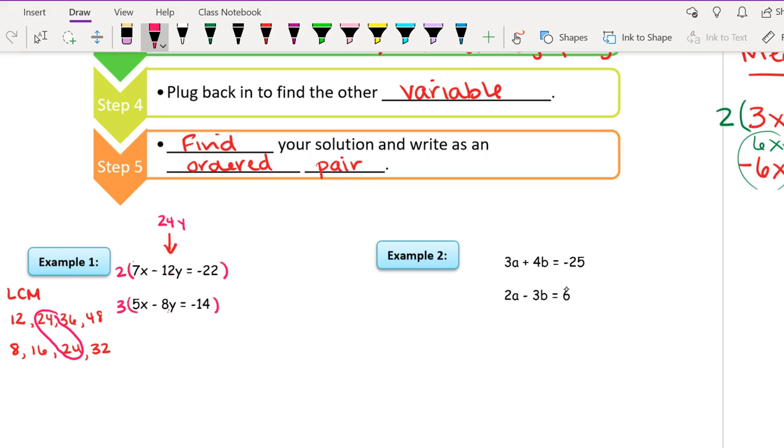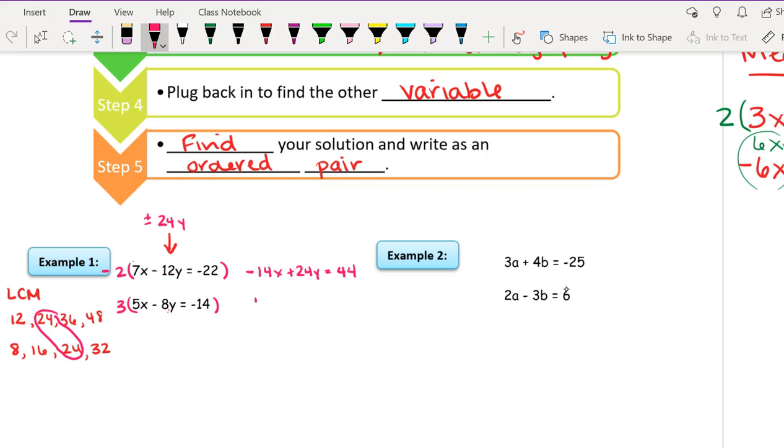Now the problem is they're both negative, so I need to pay attention to that as well, and I want one positive and one negative. So I'm going to multiply the top by -2 and leave the bottom as a +3. When I multiply, I get -14x +24y equals +44. I just multiplied everything by -2.